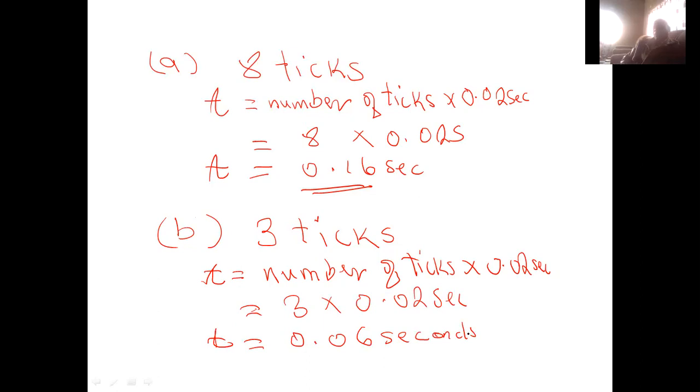So we have known how to calculate the time interval from the first dot to the last dot on a ticker tape.